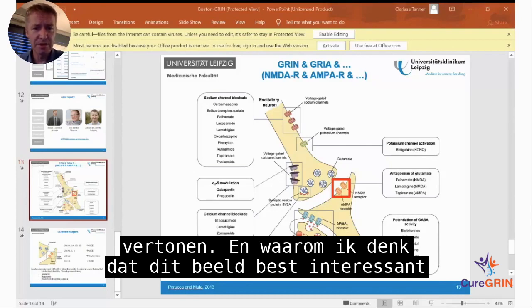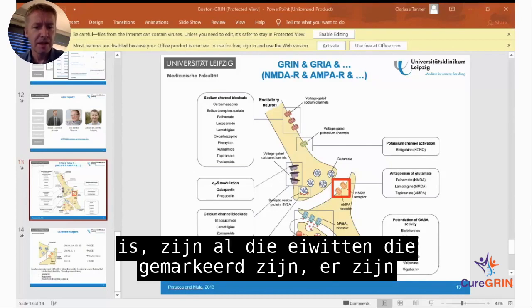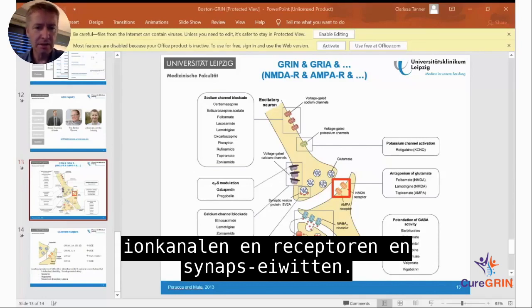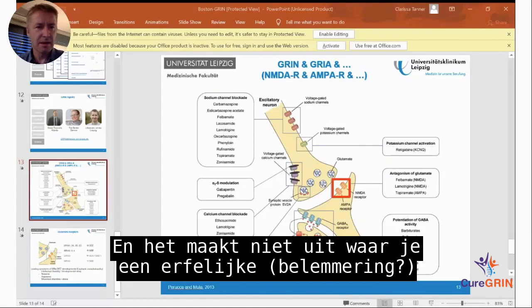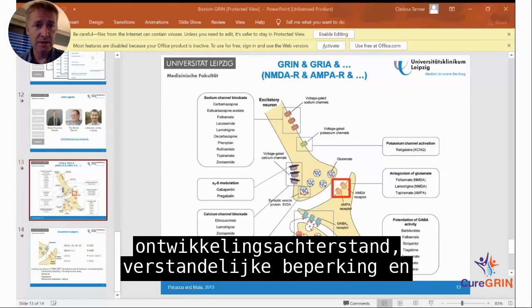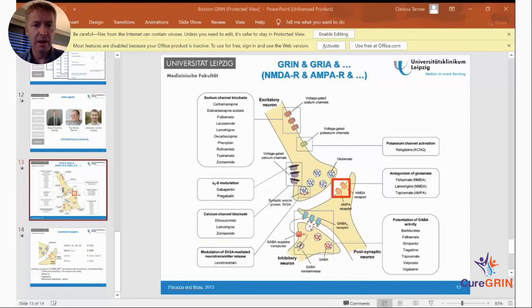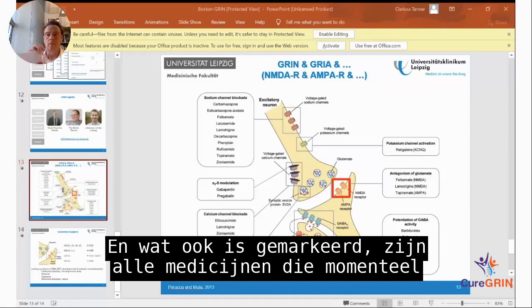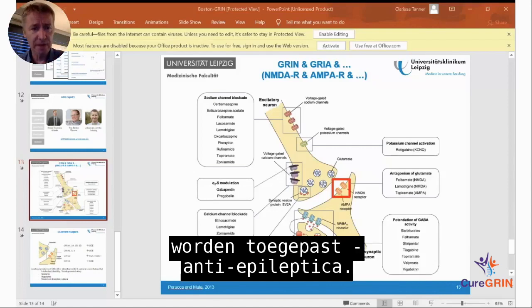And why I think this image is quite interesting is all these proteins that are marked in there are ion channels and receptors and synapse proteins, and it doesn't matter where you have a genetic variant, you will end up with a disorder which leads to developmental delay, intellectual disability, and likely to epilepsy.